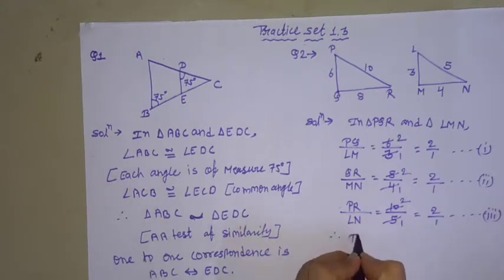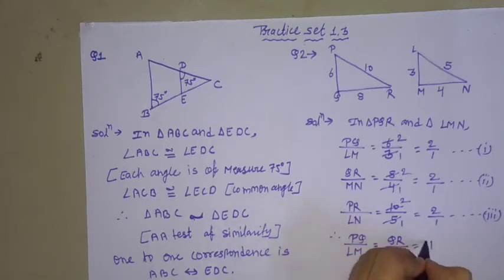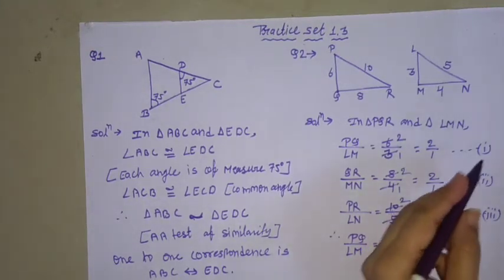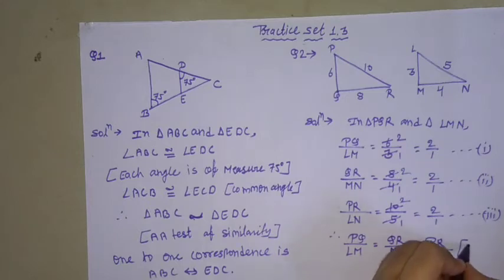Therefore, PQ divided by LM equal to QR divided by MN equal to PR divided by LN are equal from equation first, second and third.